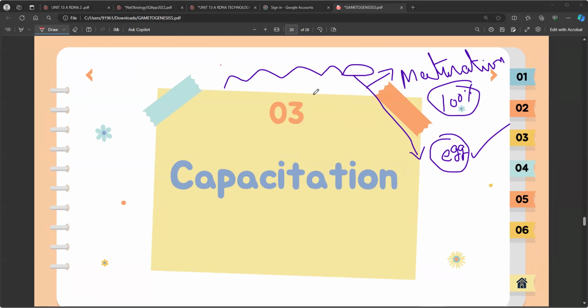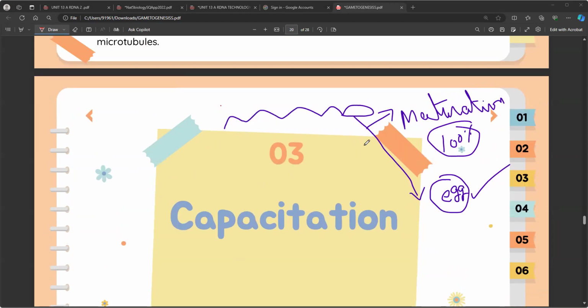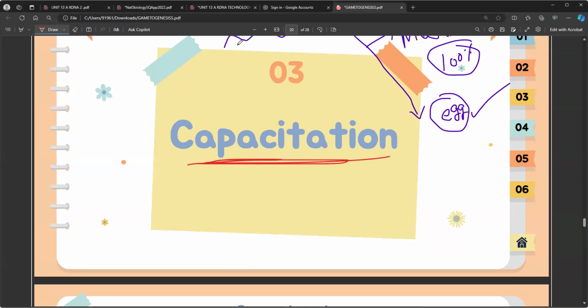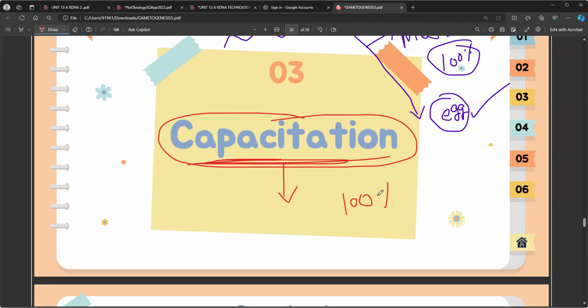Whenever sperm enter the female genital tract through the vaginal cavity, especially in the fallopian tube, there only the sperm undergoes the 100% maturation. So the process of 100% maturation of the sperm is what exactly, friends, we call capacitation. Capacitation is the mechanism of 100% maturation of the sperm.